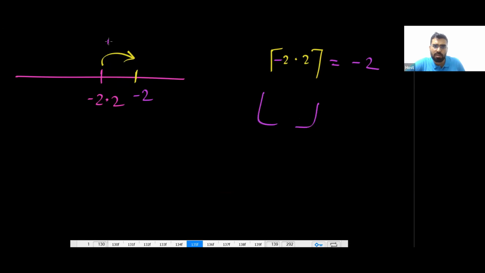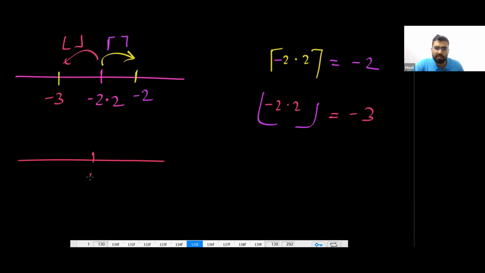And floor will take you to the nearest smaller integer, that will be minus 3. So remember, ceil will take you to the nearest larger integer, and floor will take you to the nearest smaller integer.